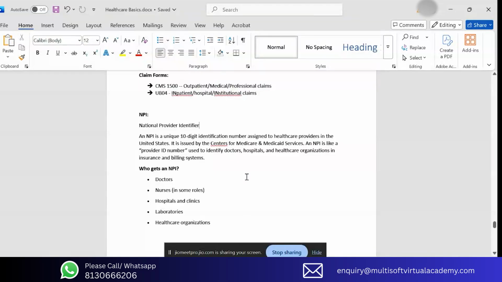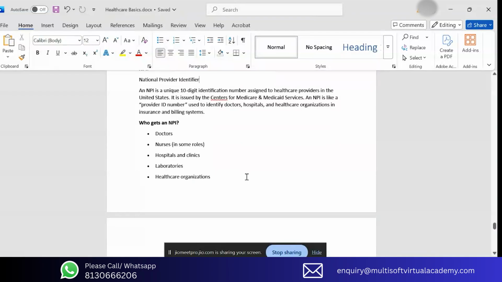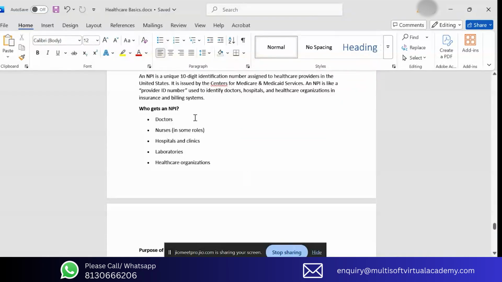It is basically like, in India, how we see PAN card or Aadhaar card, right? It is a national identification number which is provided by the organization. It is mandated to have an NPI, so that, yeah, it's like a social security number in America. Correct. So who needs an NPI?